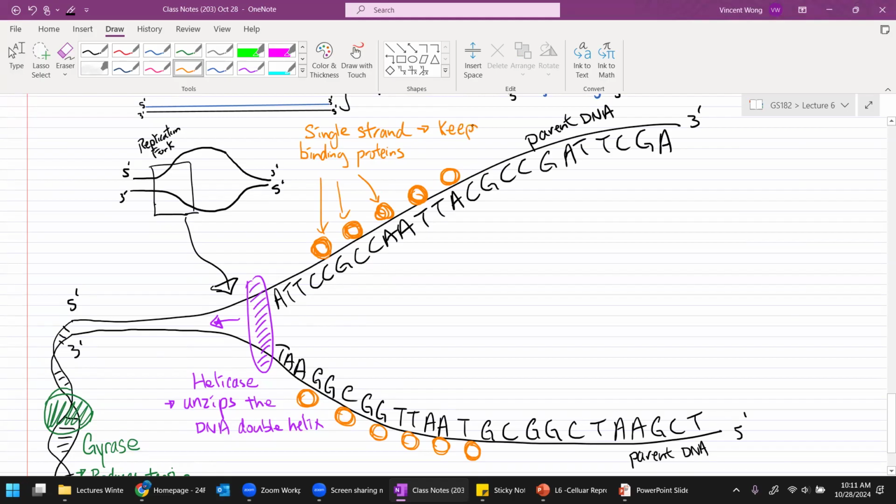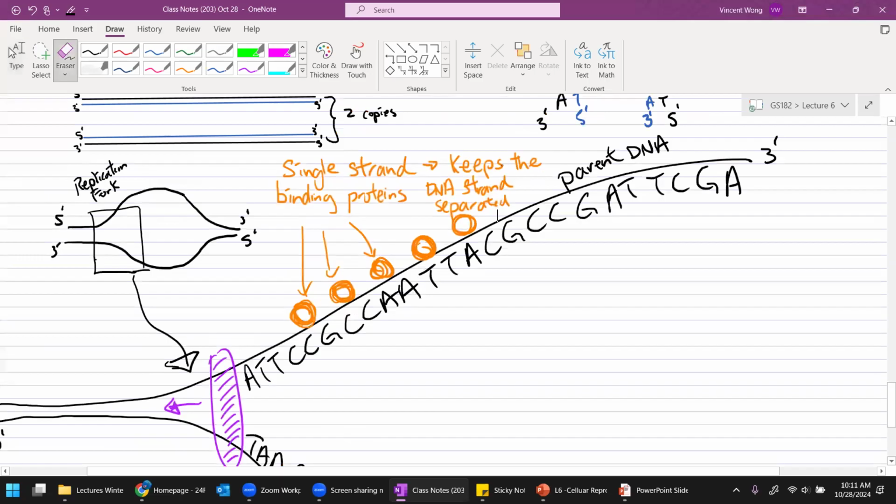It keeps the DNA strands separated. Because if you don't keep them apart, they're just gonna snap back together and you won't be able to build anything.